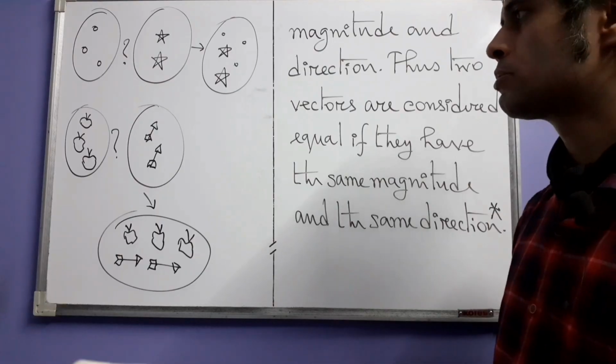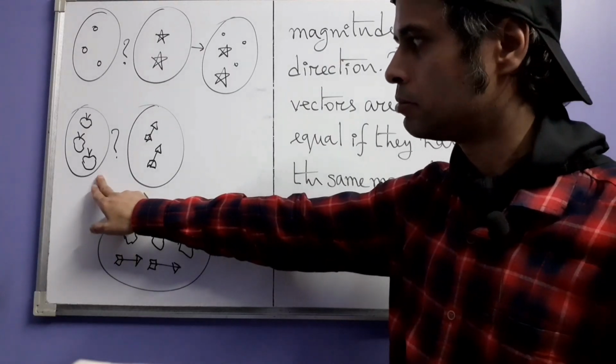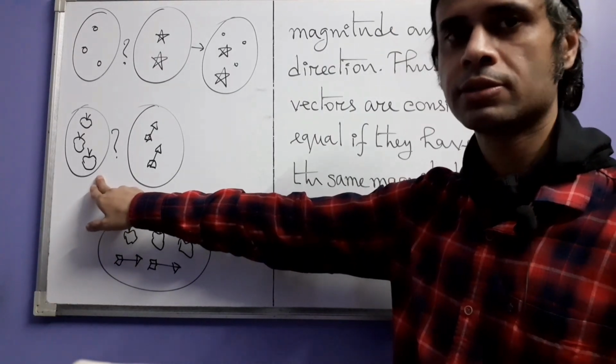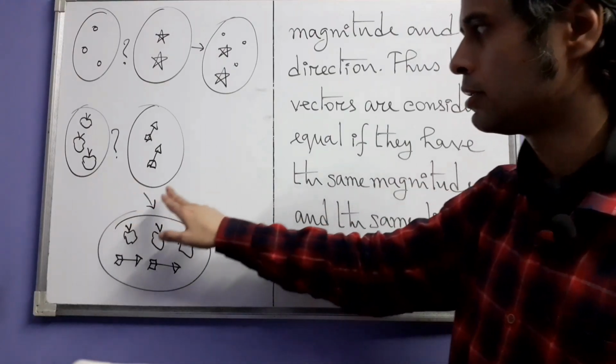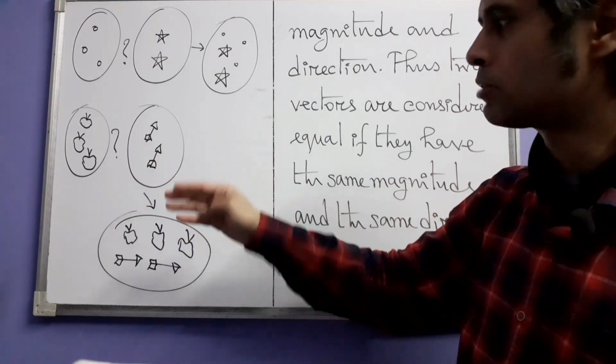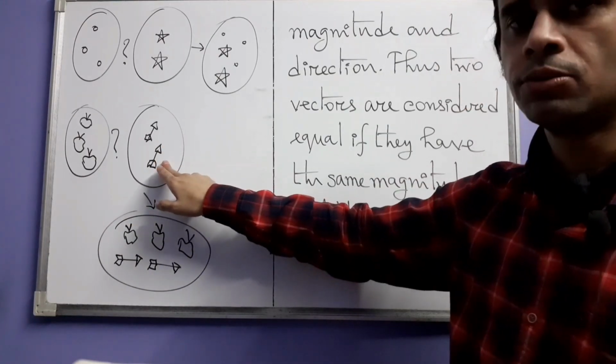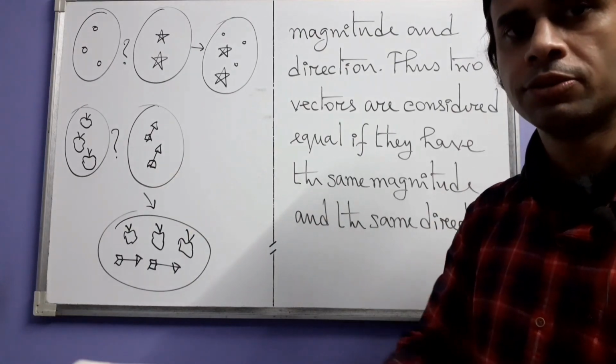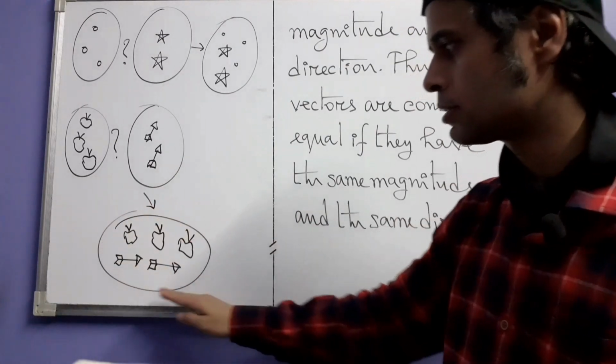Another group brings in some objects like this, some fruits say, and someone from that other group brings 2 arrows, and then they mix those things up and get a larger set.